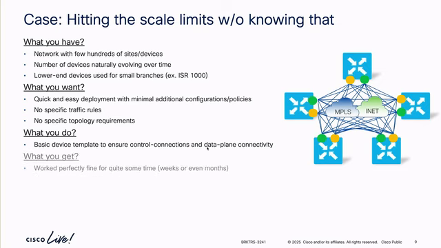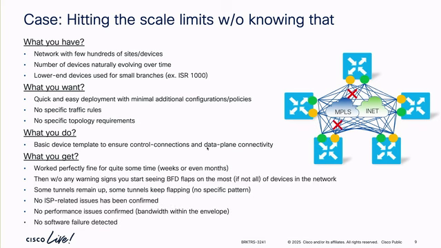And that's the important part. So what do you get in the end? For quite some time, everything worked just fine, no issues. All the traffic is forwarded along your expectations across your network, and nothing is really telling you that a storm is coming. Then something strange starts to happen. The network is evolving over time. You add some new devices, you move devices from one location to another, but you're not really making any changes to your configuration or your policies.